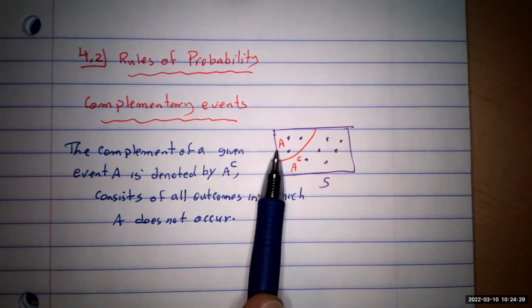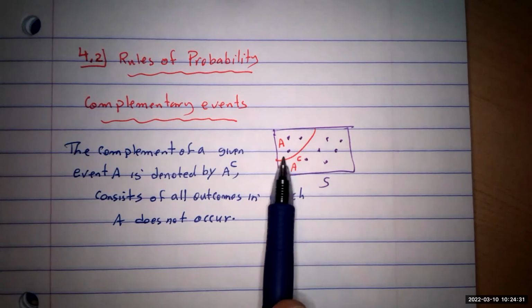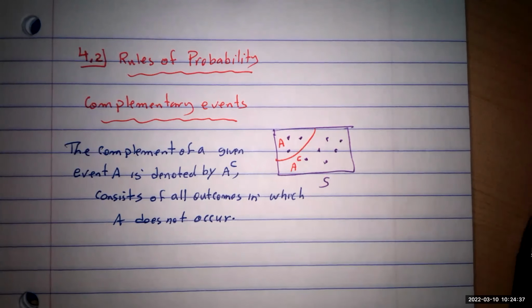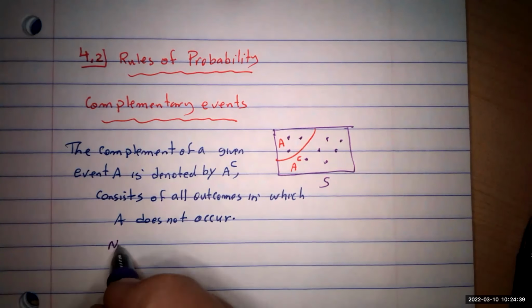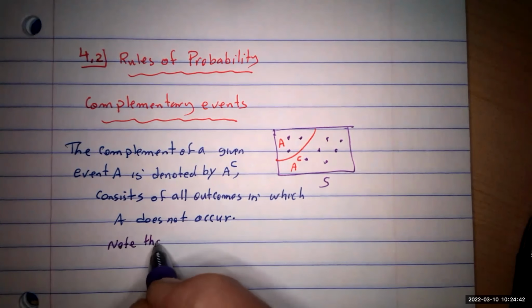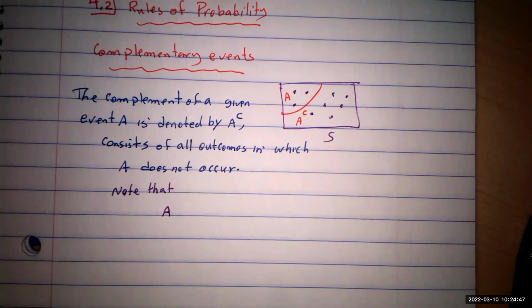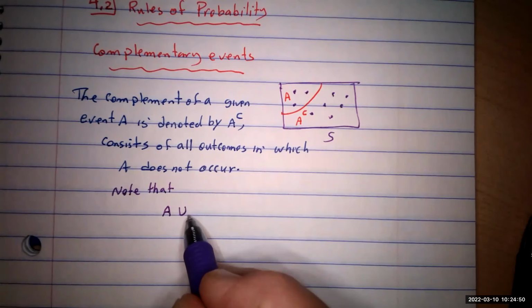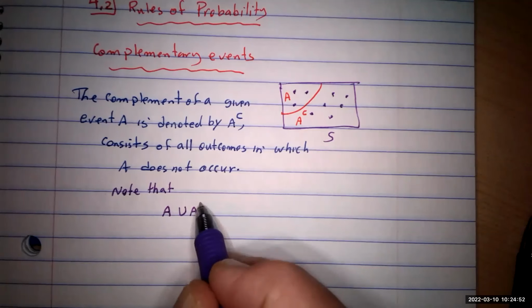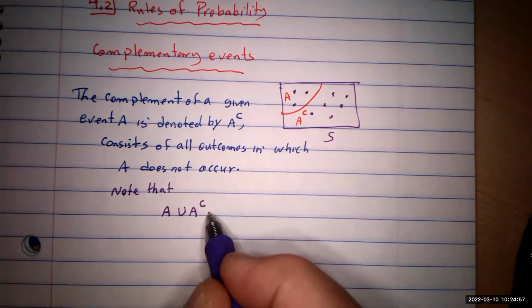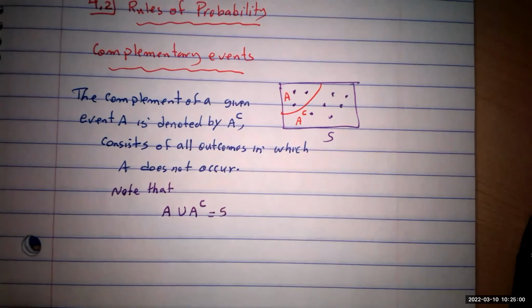Now, as you can see over here, if you have the events A and A complement and you put them together, that gives you the sample space. Note that if you take all the outcomes in A, union with all the outcomes in A complement, the result must be the full sample space, because the outcomes are either in A or A complement.